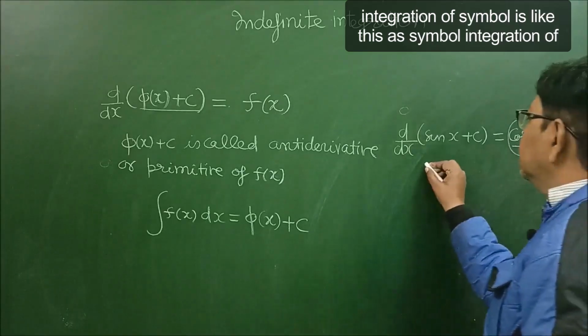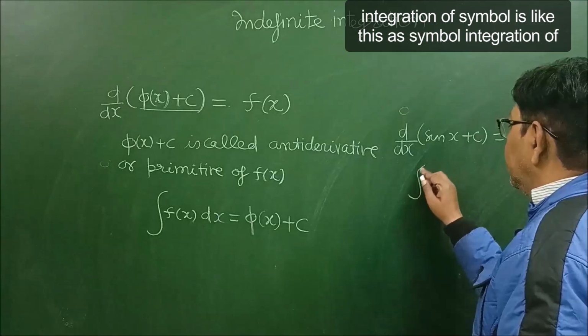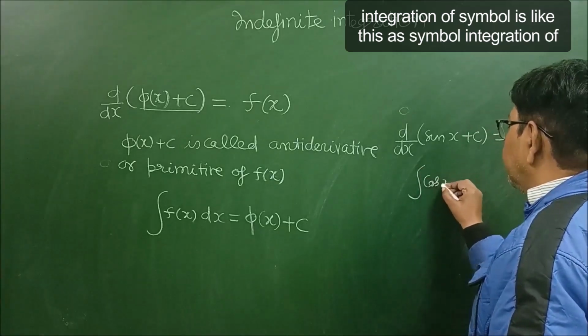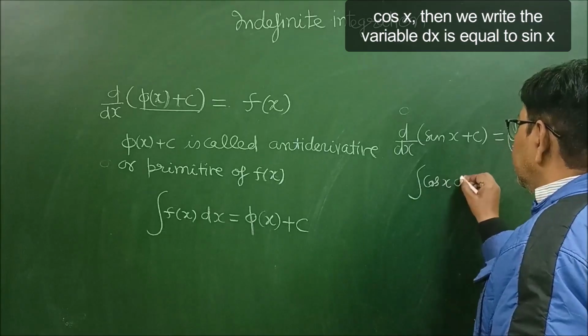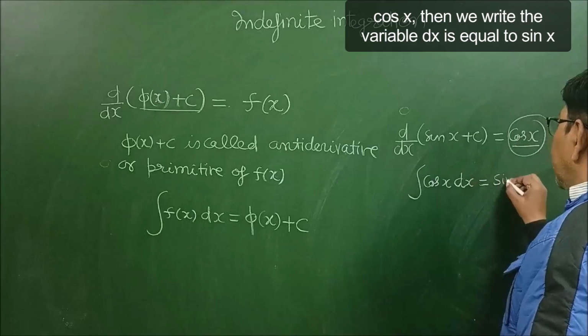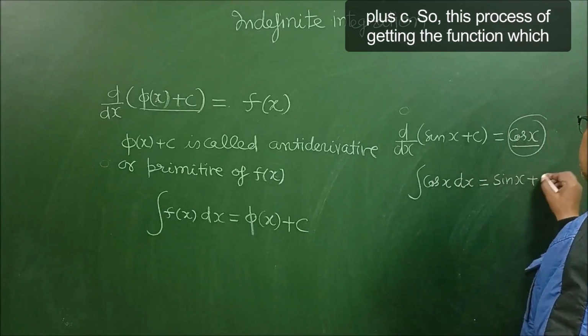Integration of cos x, the symbol is like this, S symbol, then we write the variable dx, is equal to sin x plus c.